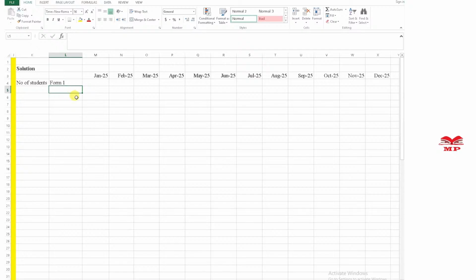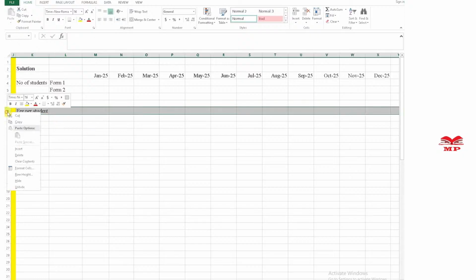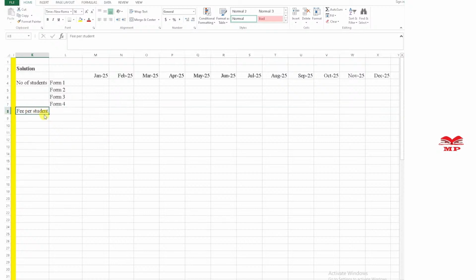Form 2, like that. Form 1 to Form 4. And then we'll also need to analyze the fee per student. So I'll insert here, drag it down, and copy this and put it right down over here like that.